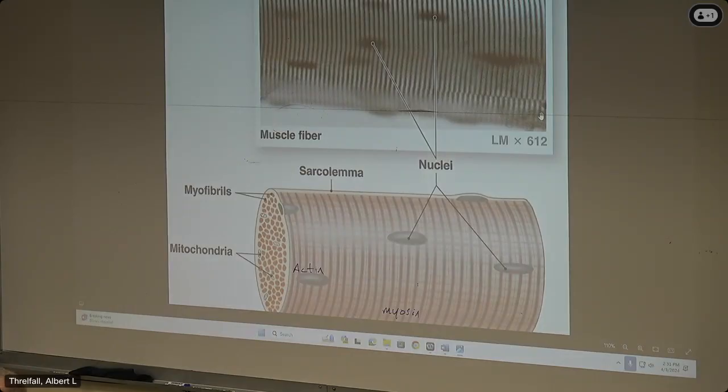So a lot more than just movement. And then histologically, we said the cells were big cells. They're cylindrical, multinucleated, and they are, what do you see there? A word I hadn't used. Striated. They're striated. And I said those striations were an illusion, didn't I? They're not really there.